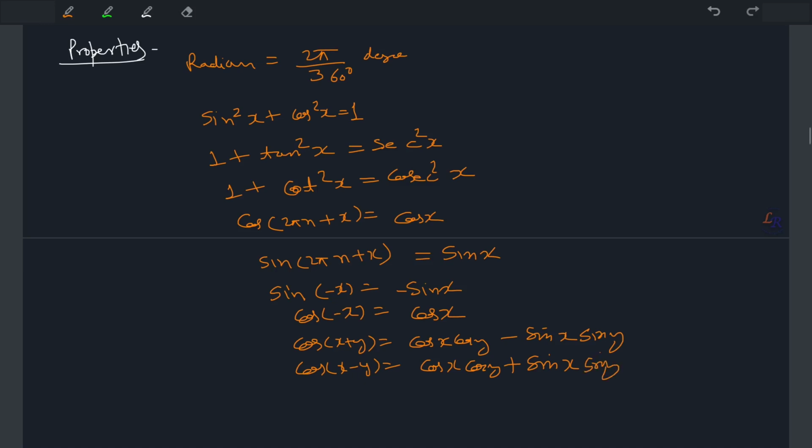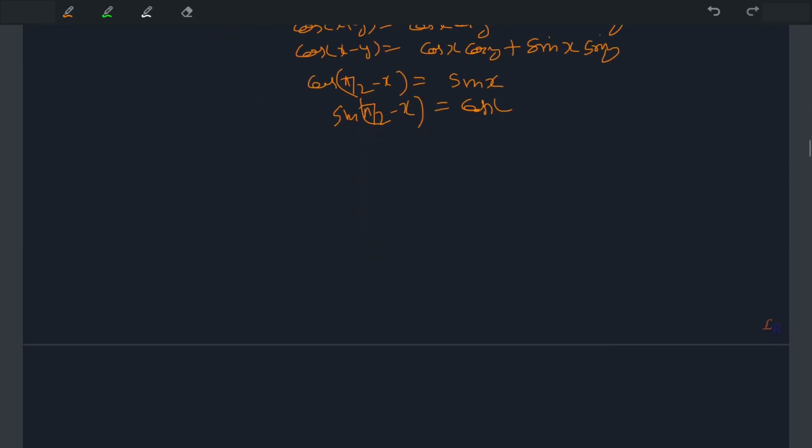And then a similar thing you can follow, for example, for cos pi by 2 minus x, that you can write as sin x, and sin pi by 2 minus x is equal to cos x. That's again an important property, sometimes we need it. The similar things like cos we can have for sin. So for sin x plus y, if you want to expand, you can write sin x cos y plus cos x sin y.